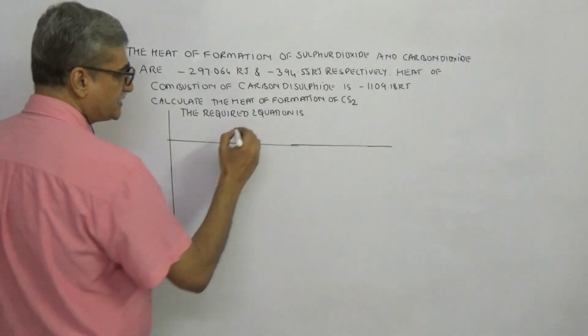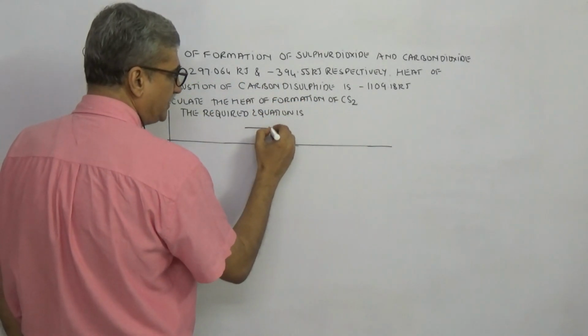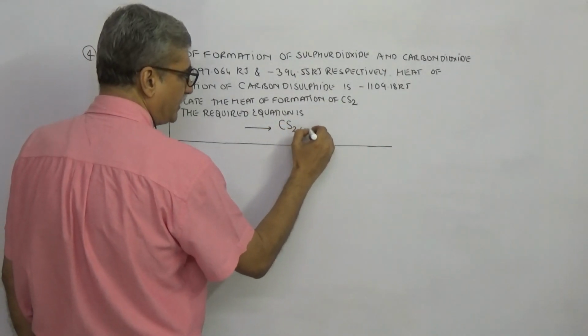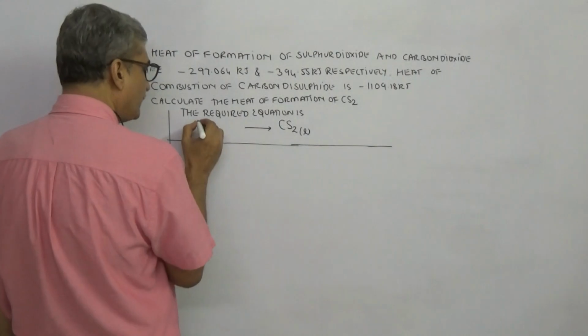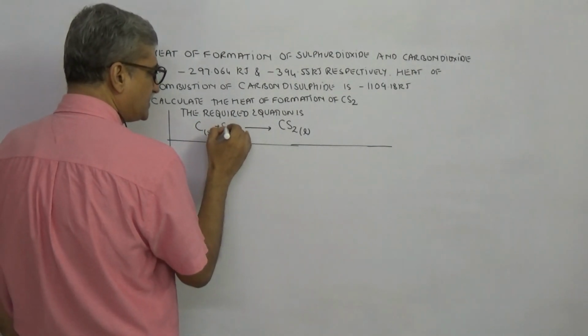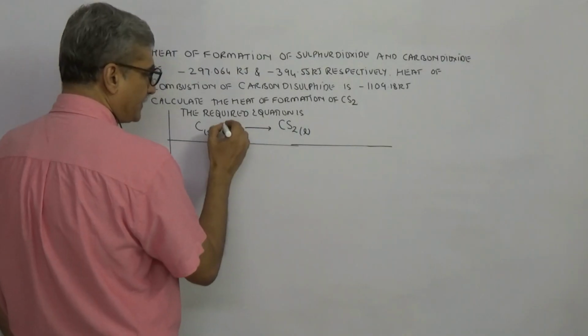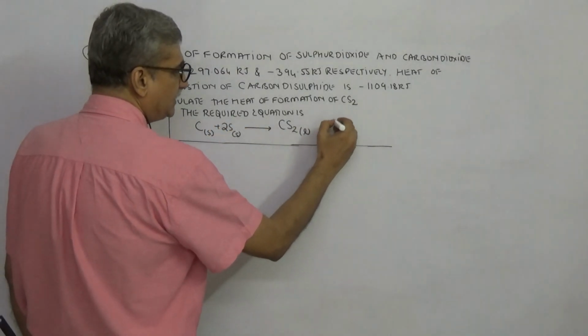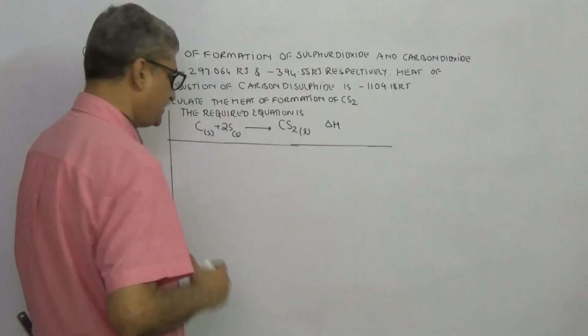So what does the definition say? Heat of formation means 1 mole of carbon disulfide liquid, it's in the liquid state, is formed from the elements in the standard state. So you have carbon plus 2S, sulfur, both are solid, and this delta H is what we have to calculate.